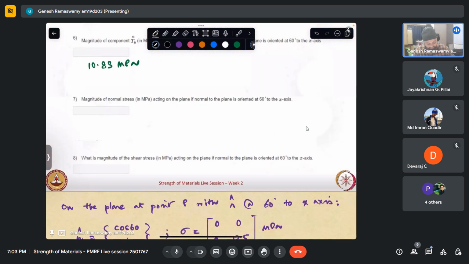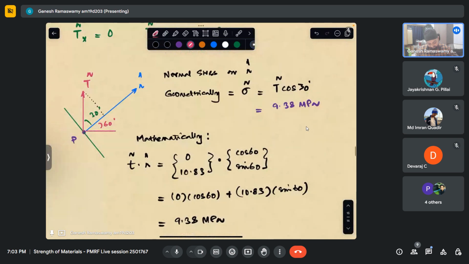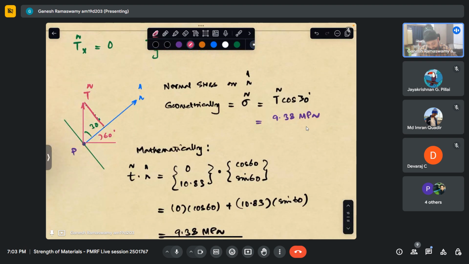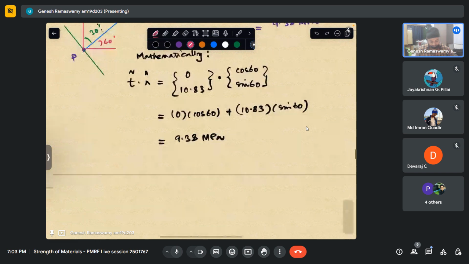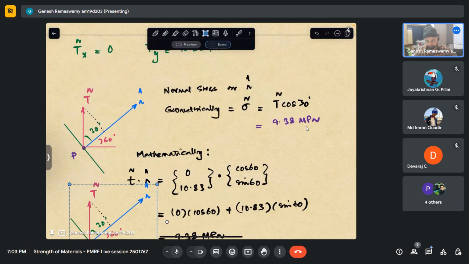The magnitude of the normal stress acting on that plane is 9.38 MPa. Now this is asking what is the magnitude of the shear stress. Again, from geometry we can see that shear stress is nothing but the component that is perpendicular to this. So for shear stress, we can do that quickly.